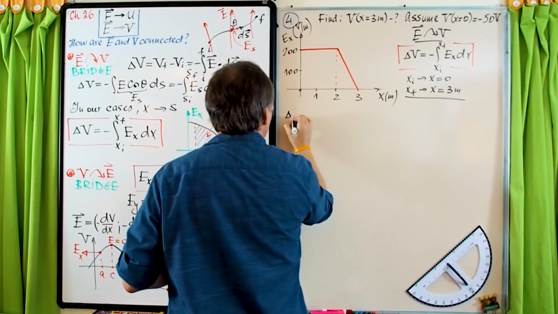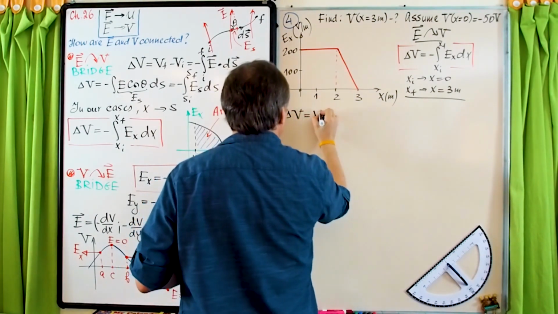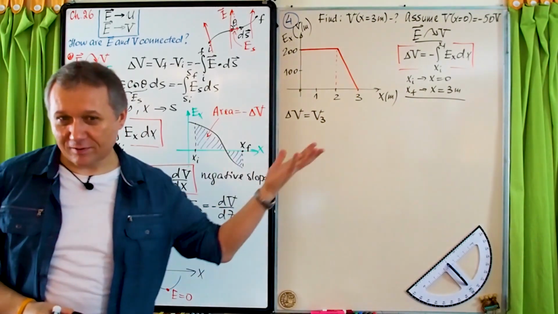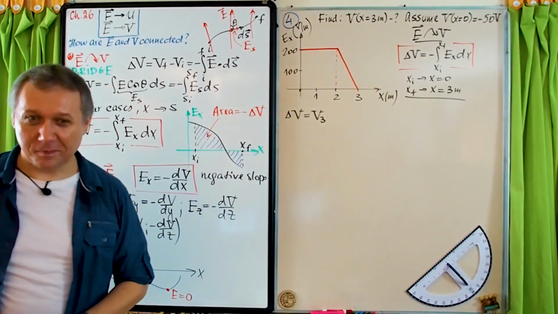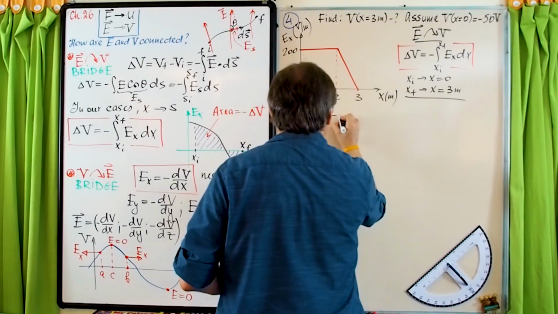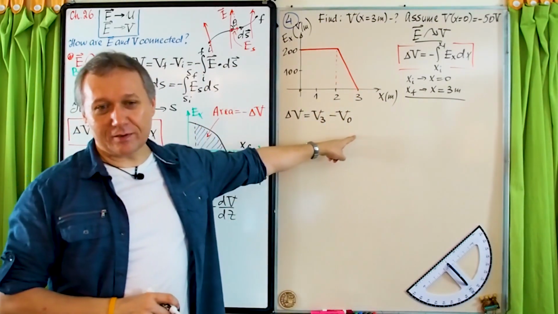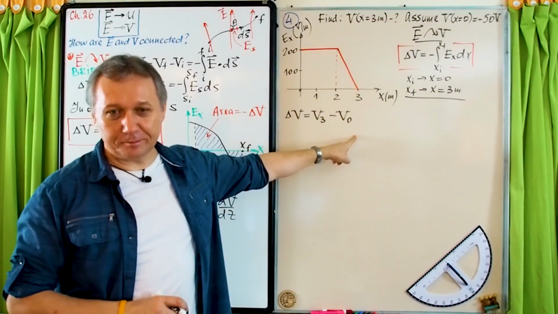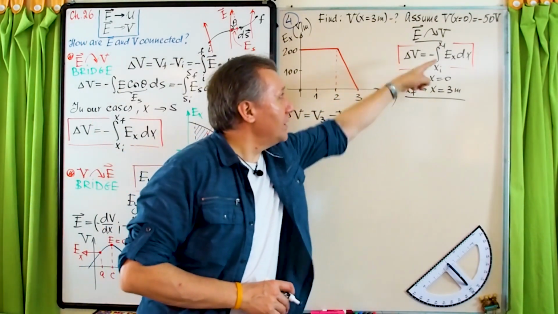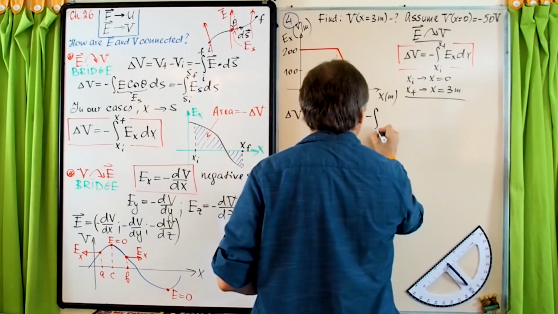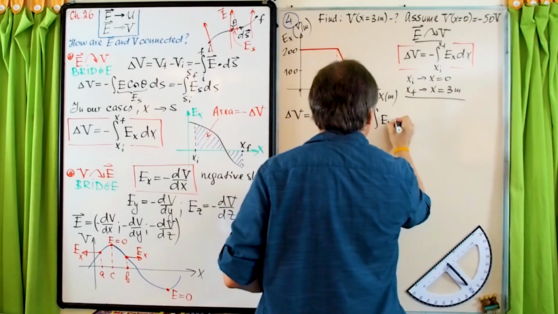So delta V will be V at, let me write just a subscript 3, where 3 means x equals 3, V sub 3, minus V sub 0, where 0 means x equals 0. I'm just opening this up. And it is equal to minus the integral of Ex dx.